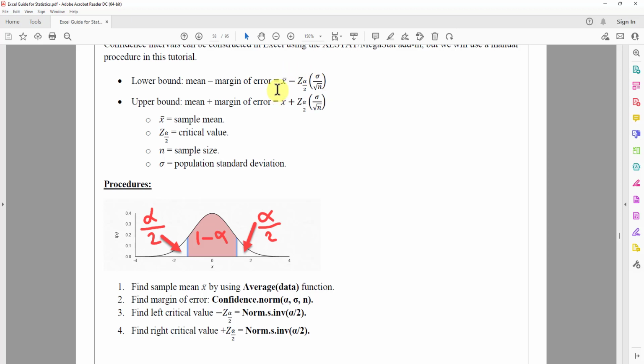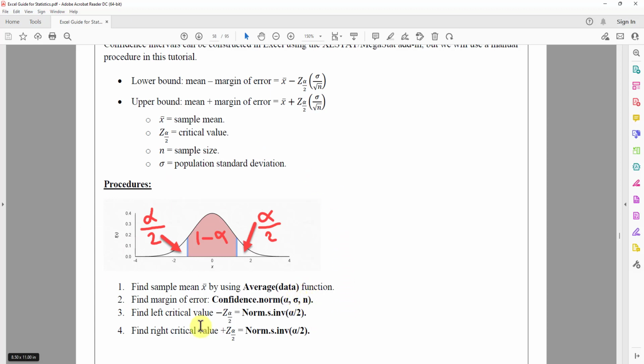And for the margin of error, we will use the CONFIDENCE.NORM function. This function takes in 3 inputs: the alpha, which is the significance level, sigma, the population standard deviation, and n, which is the sample size.